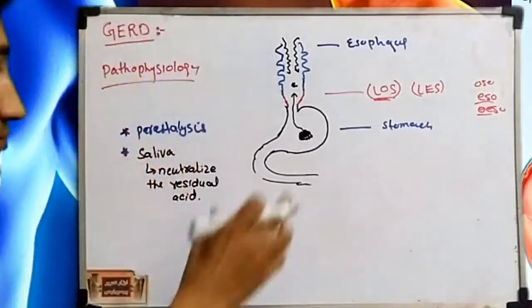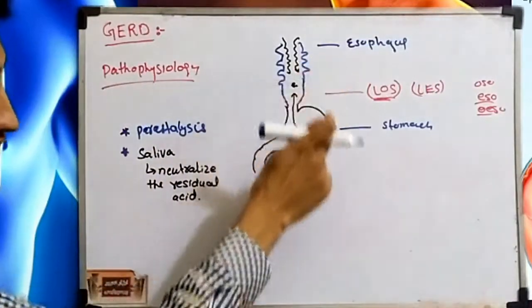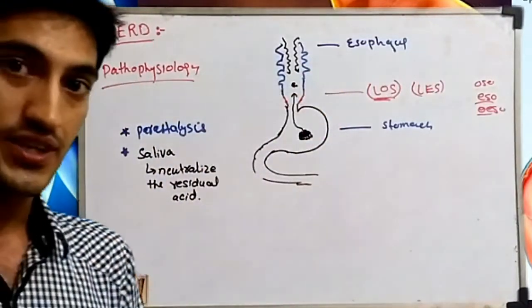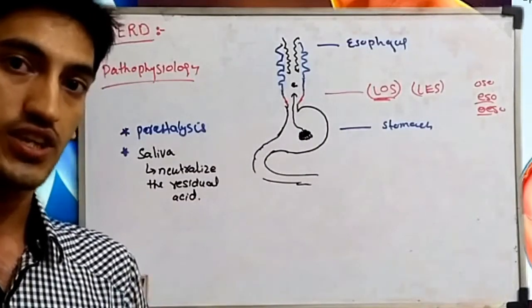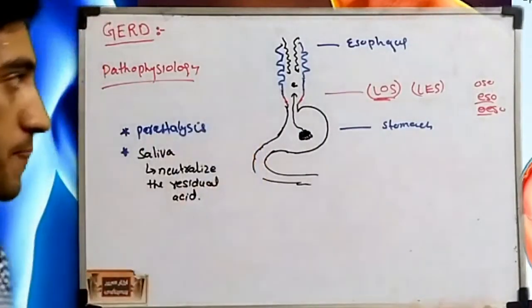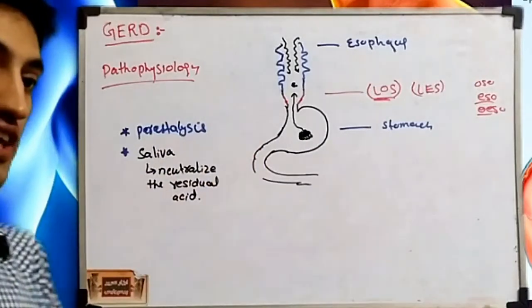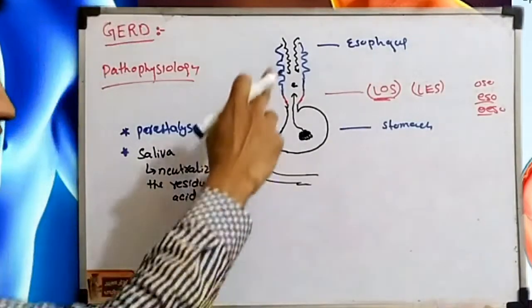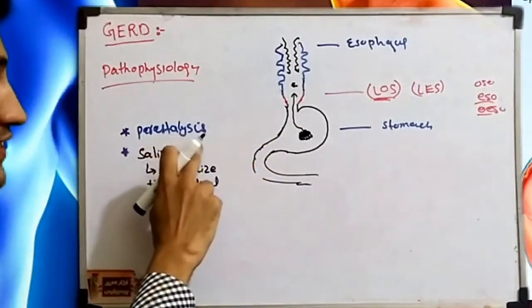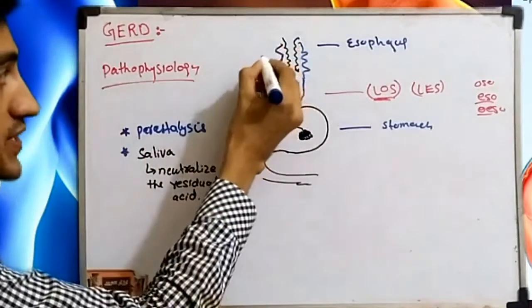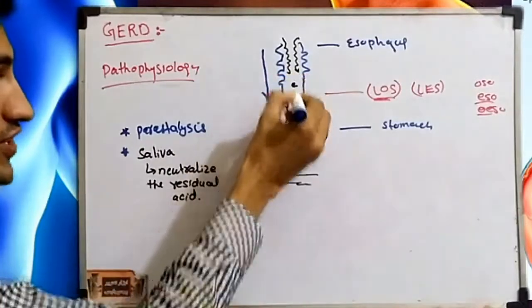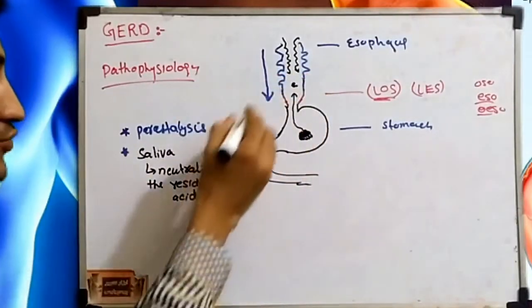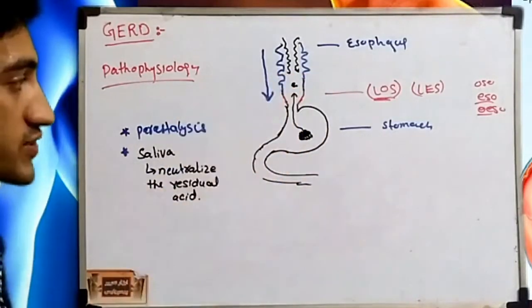Let's have a review. This is esophagus, this is stomach. In a normal person, there is backflow of gastric contents into the esophagus, but it will not cause a disease because there is esophageal peristalsis, and this peristalsis will push the contents back to the stomach, and it will clear the esophagus.